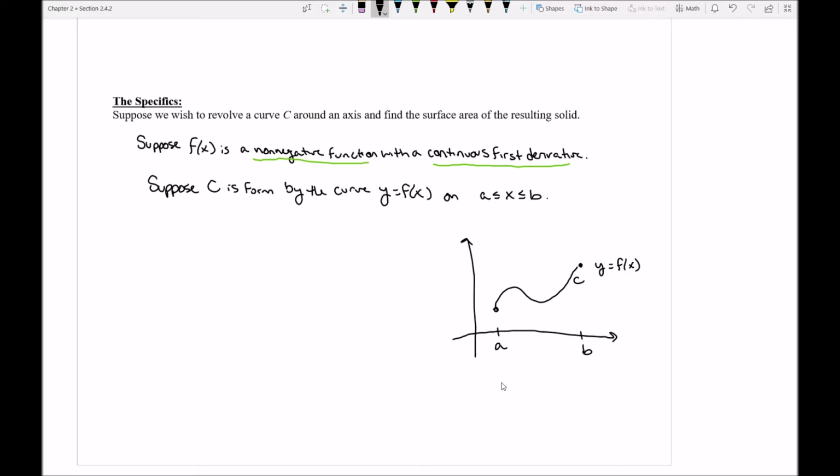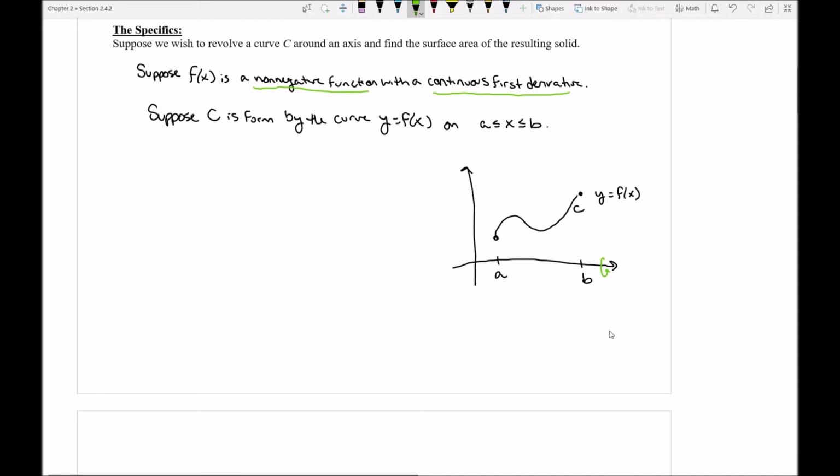Now again, if I'm going to take this curve and attempt to revolve it around the x-axis to make a solid, I want to start to figure out a way I might be able to at least approximate the surface area. And so what we're going to do is something very similar to what we've always done in all of these different sections. We'll start by taking our interval from a to b and chopping it up into a bunch of smaller subintervals.